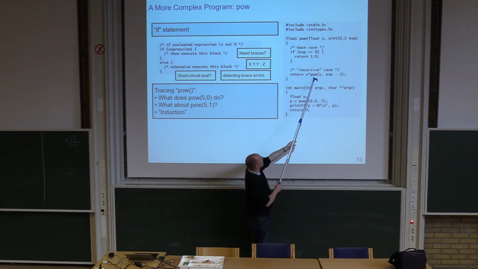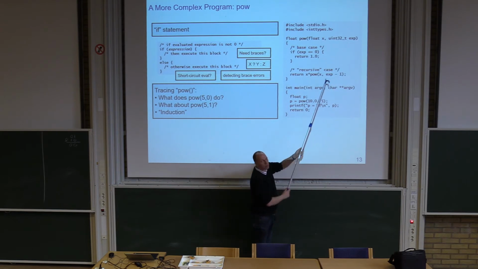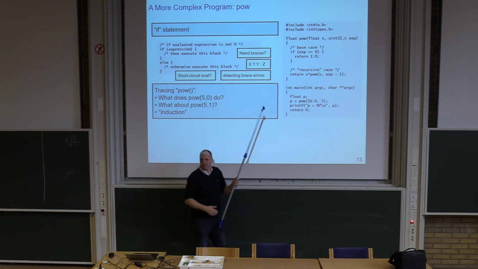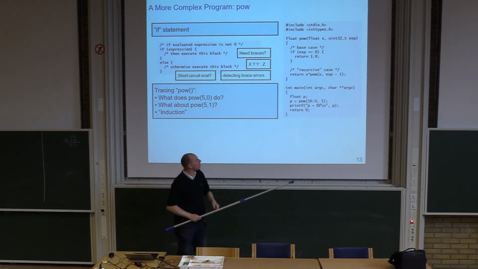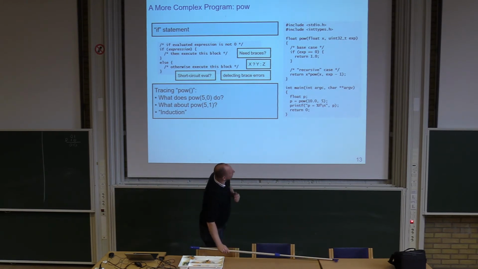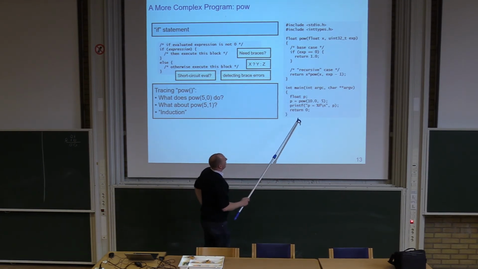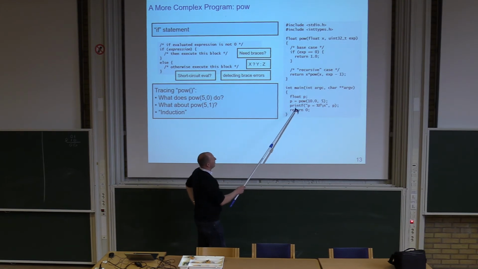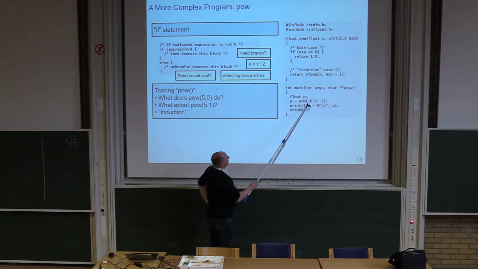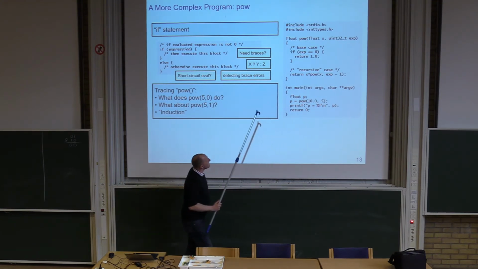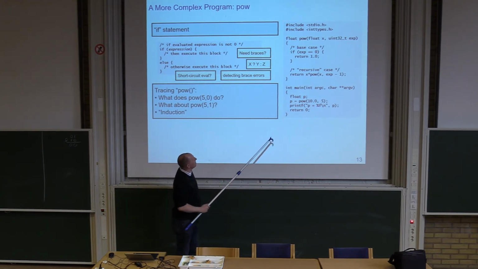So it will call pow with the same x, but it will decrease the exponent by 1. Okay, so if we have a main function here, and we would like to compute 10 to the power of 5 and store that in variable p.